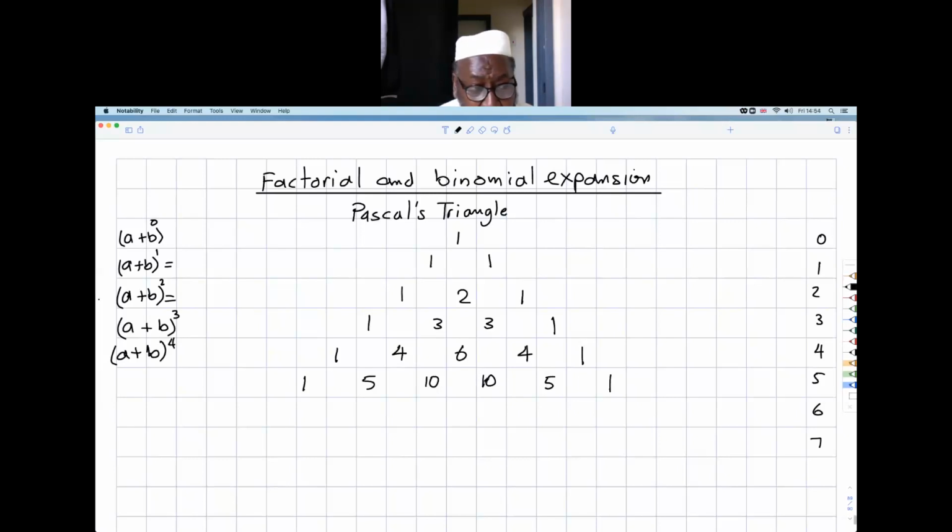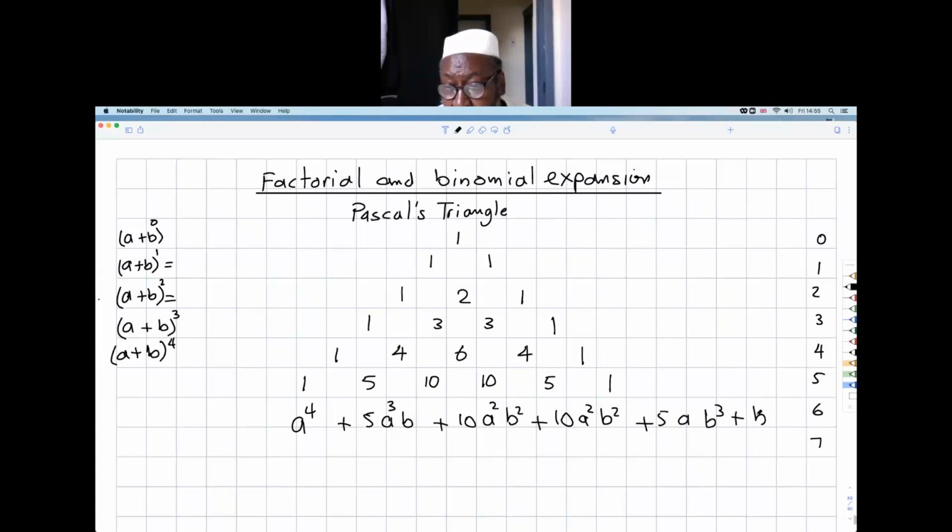It will be A to the power 4 plus 5A cubed B plus 10A squared B squared plus 10A squared B squared plus 5AB cubed plus B to the power 4.